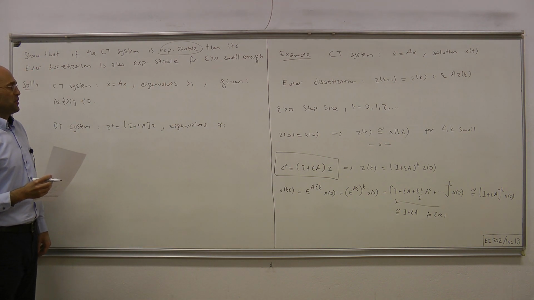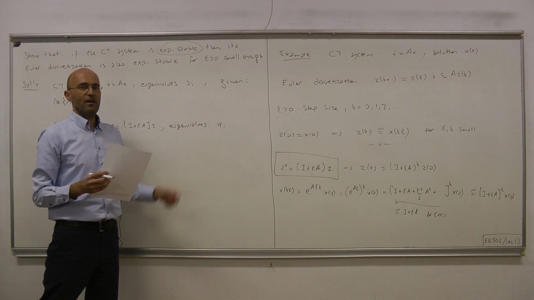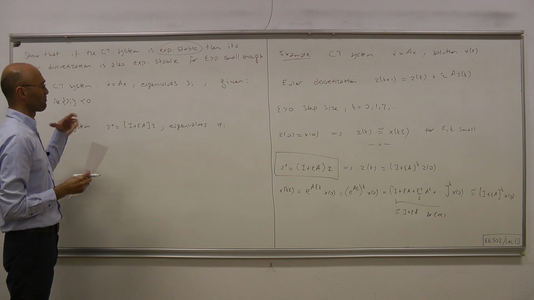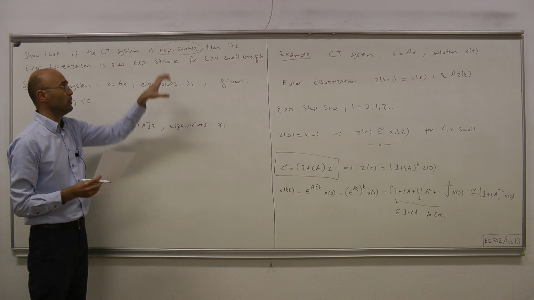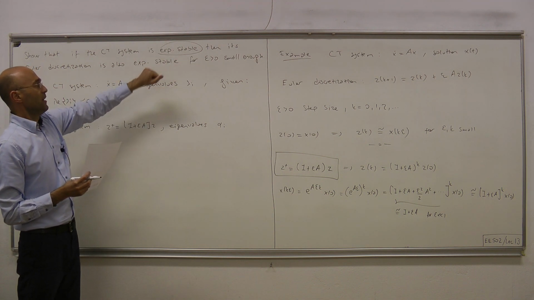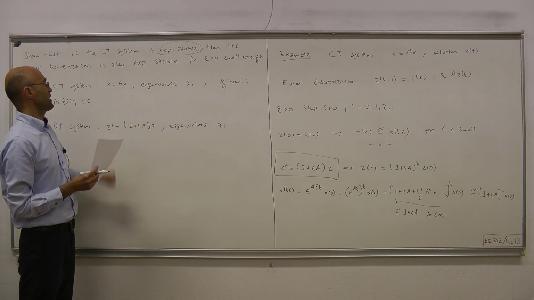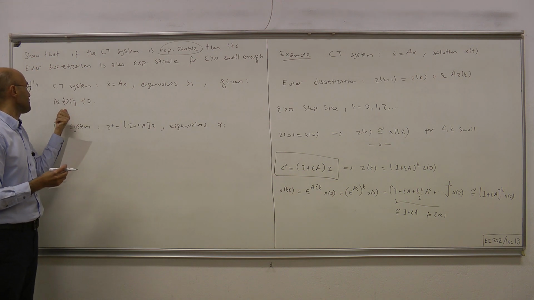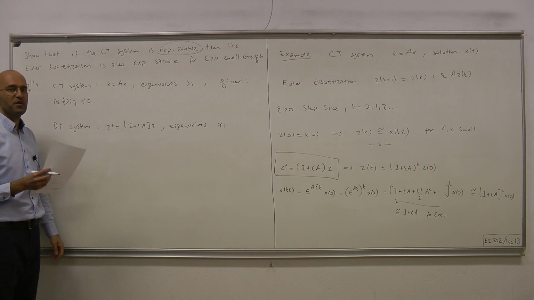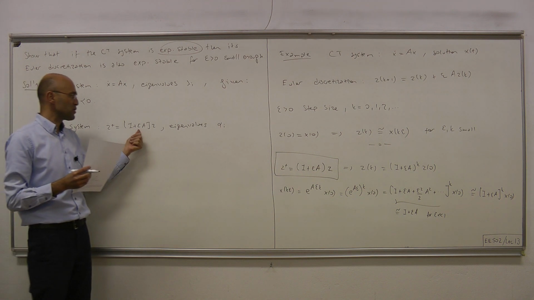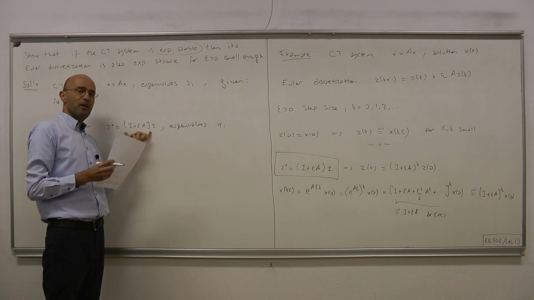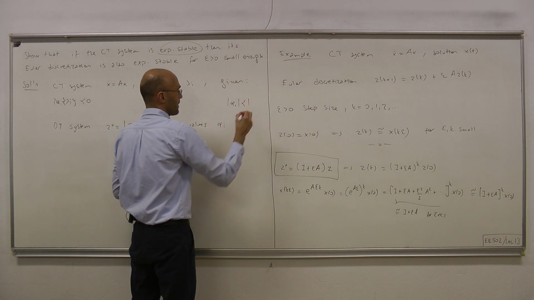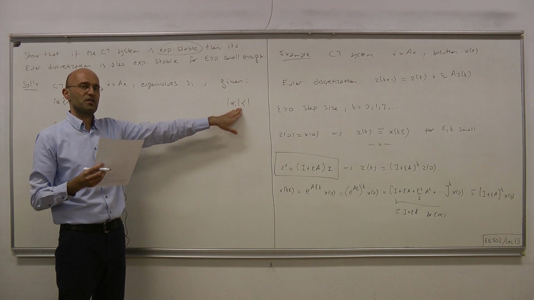Okay. Now, since we know stability in terms of the eigenvalues for both continuous time and discrete time cases, we can now rephrase the problem as follows. Suppose that the eigenvalues of A all satisfy real part of lambda i strictly less than 0. Then for epsilon small enough, the eigenvalues of this matrix all satisfy the condition of exponential stability in discrete time.